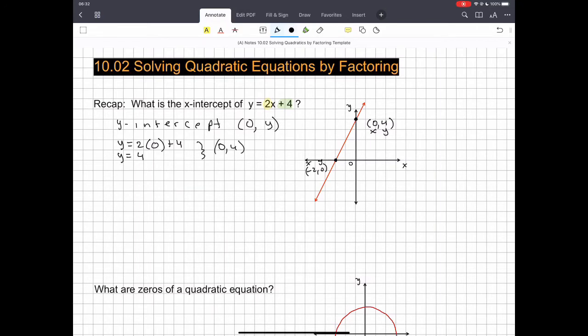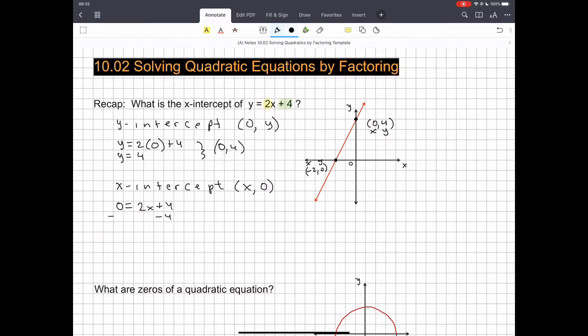We can apply the same logic to the x-intercept. And as we showed on the graph, we'll have some number for x, but the y value is always 0. So instead of replacing the x with 0 in the equation, we replace the y value. So this would become 0 equals 2x plus 4.